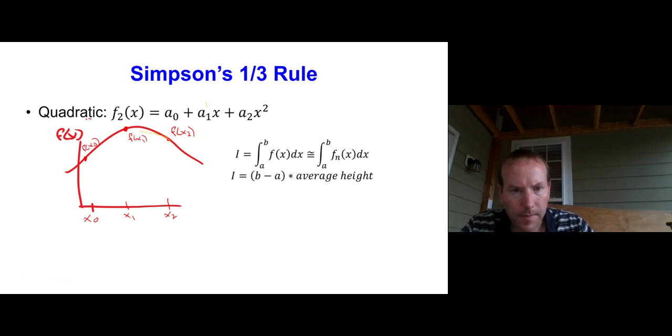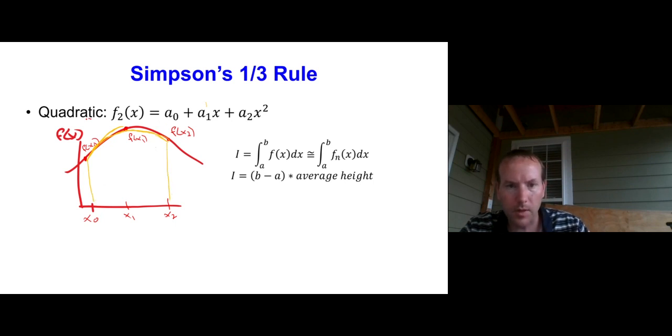I'm going to do my best to draw a quadratic through that function. So the key here is to notice that this goes exactly through these 3 data points, but it does not exactly follow our original function.